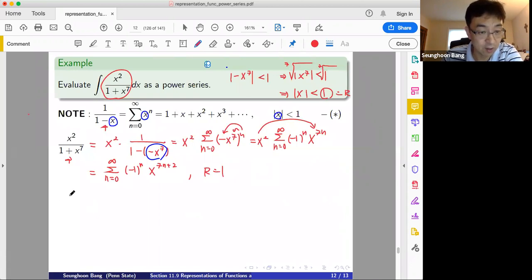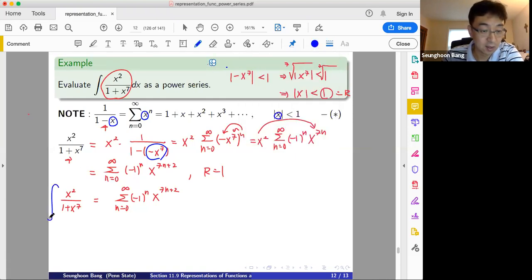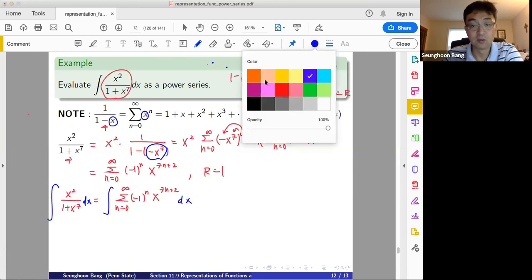The next, you can take the integral. So from here, x squared over 1 plus x to the 7 is summation n equal 0 to infinity, minus 1 to power n, x to the 7n plus 2. You can take the integral of both sides. So you can calculate.